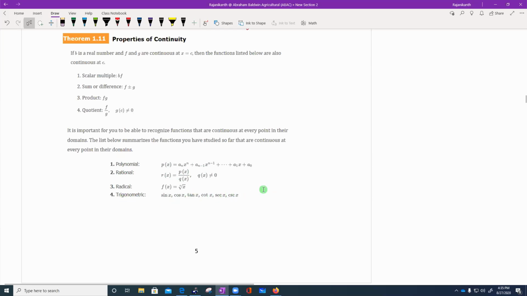So make sure that you go through your pre-calc and check whether they satisfy all the continuity properties. Just for your reference, let me recall the graph of tangent. The graph of tangent has so many asymptotes. Remember, tangent has vertical asymptotes at infinitely many points.